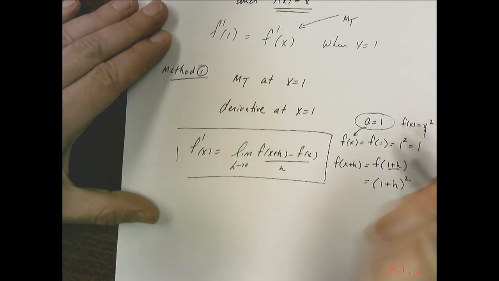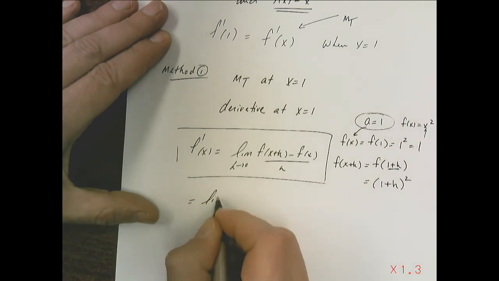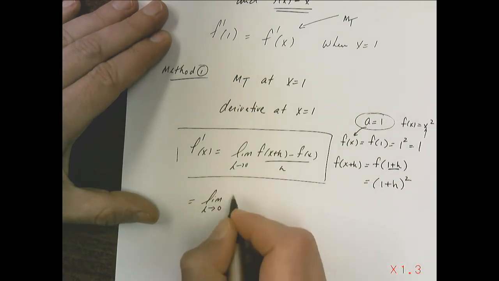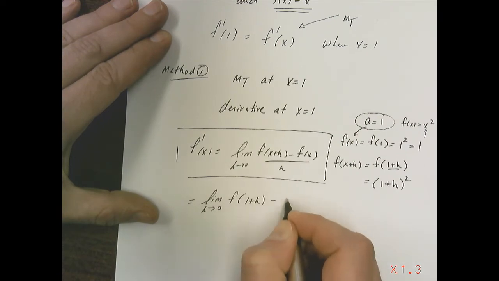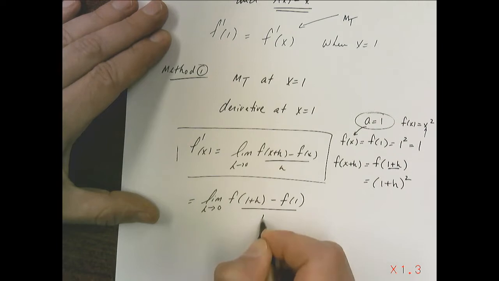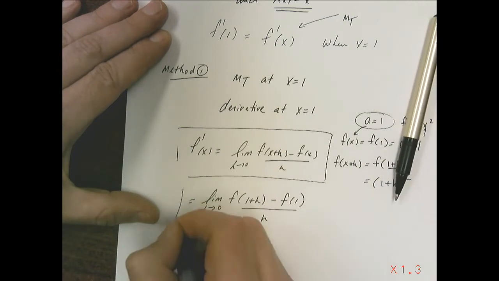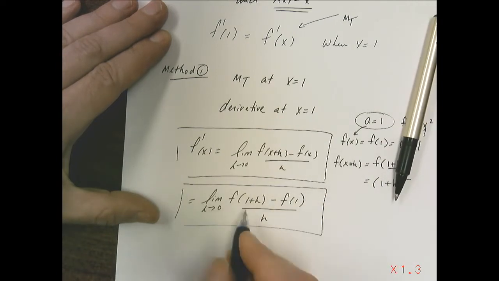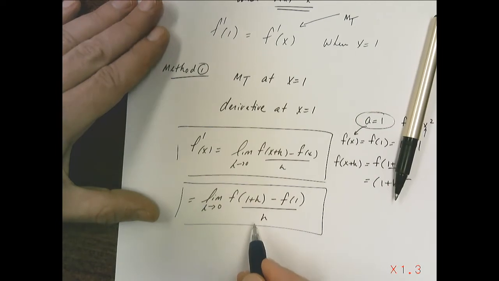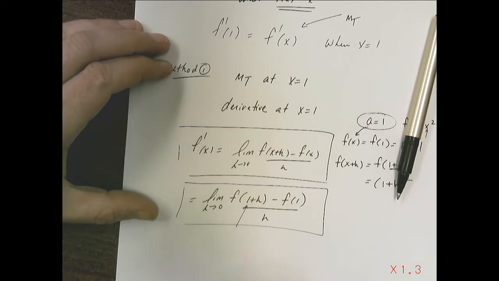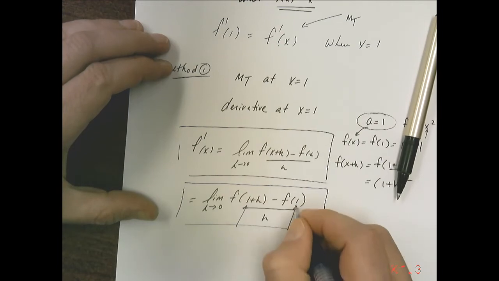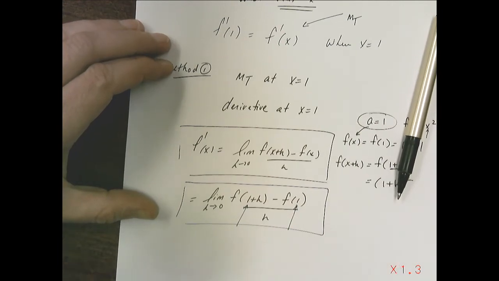All right, so coming back here, what we'll have is the limit as h approaches 0 of f of 1 plus h minus f of 1 over h. Now I want you to be able to read this. This whole thing is the derivative. And the fact that I'm putting in a value here and here tells me it's the derivative at a particular x value.